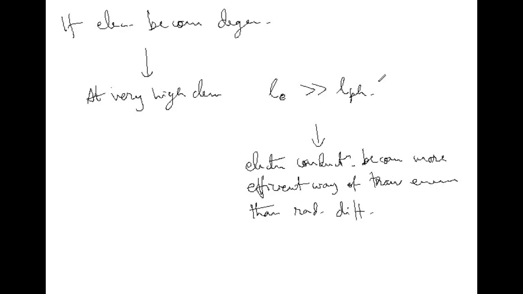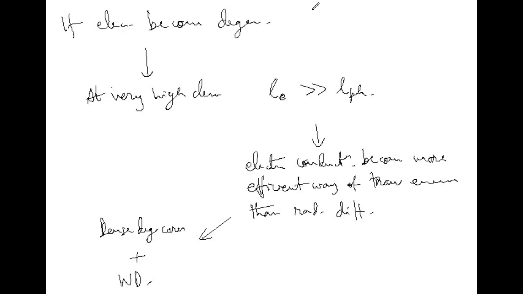Now, this is important. When is it important? For stars in the late stages of evolution, where we have dense degenerate cores, and for white dwarfs in which efficient electron conduction results in almost isothermal cores.